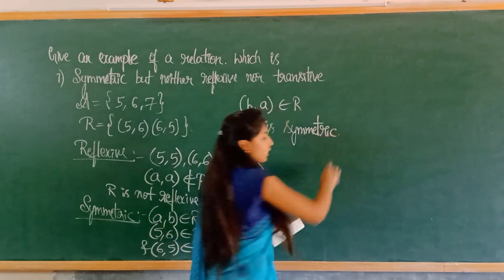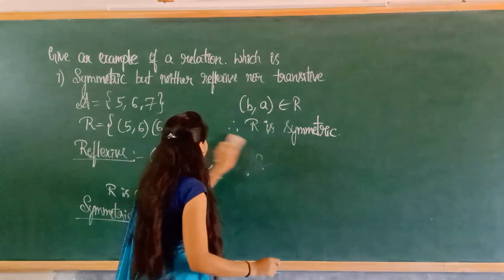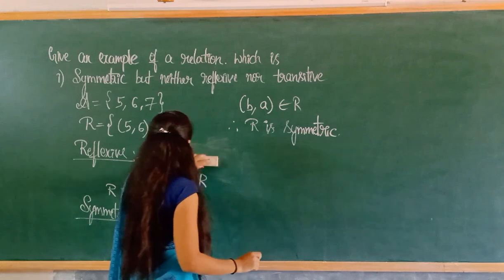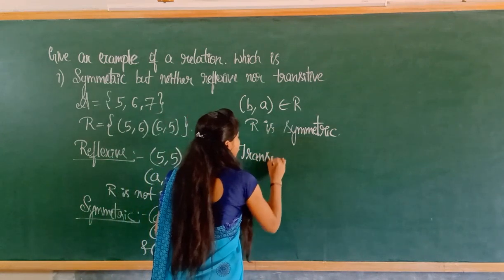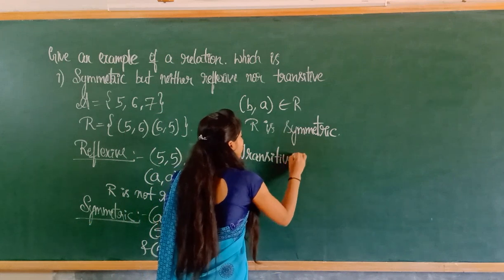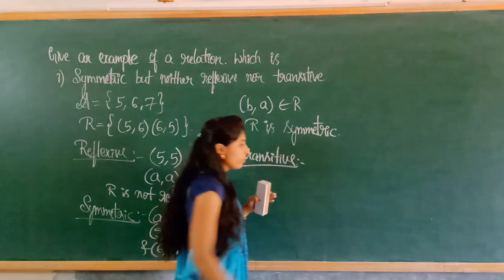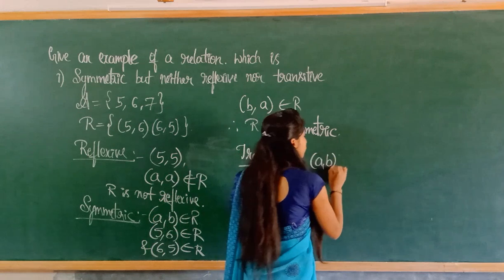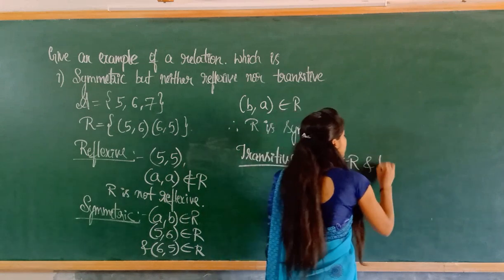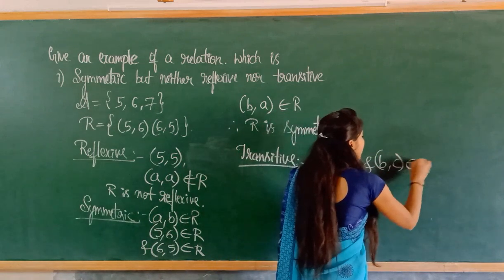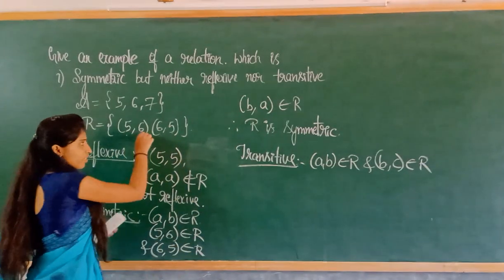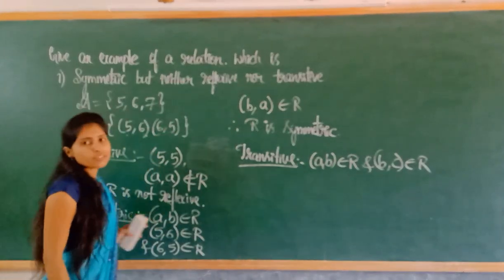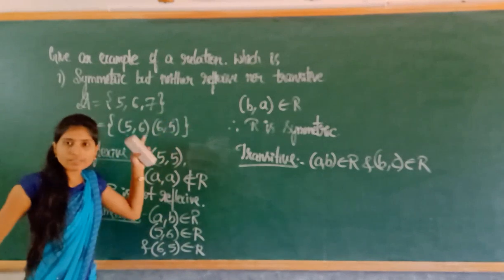The next is transitive, right? For transitive, the condition is what? If (a, b) belongs to R and (b, c) belongs to R, then (a, c) should also belong to R, right? Here (5, 6) is there, (6, 5) also is there, but (5, 5) is not in this relation.